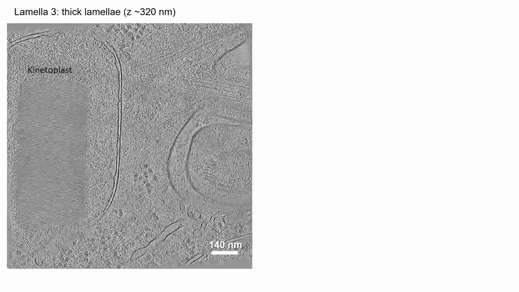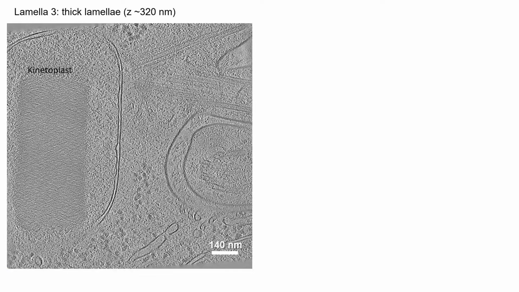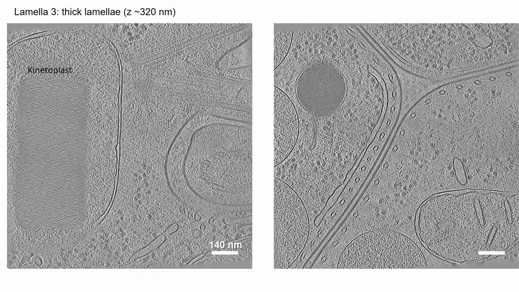So Vanderlei asked me if I had seen a very common structure in trypanosomatids, that is the tripartite attachment complex that keeps the kinetoplast associated with the flagellar pocket. So this is very common in this parasite. I couldn't see it, but later a paper was published, and I said, oh, maybe I saw it and I didn't know, and maybe it is there. I just don't see it with my eyes.